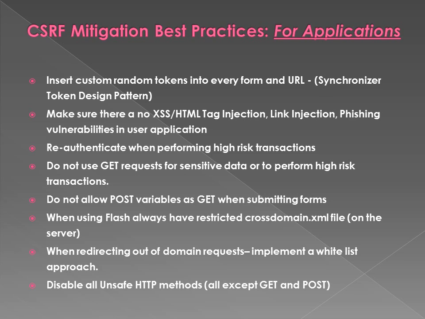Do not allow POST variables as GET when submitting forms. When using Flash, always have a restricted crossdomain.xml file on the server. When redirecting out of domain requests, implement a whitelist approach. Disable all unsafe HTTP methods, all except GET and POST.